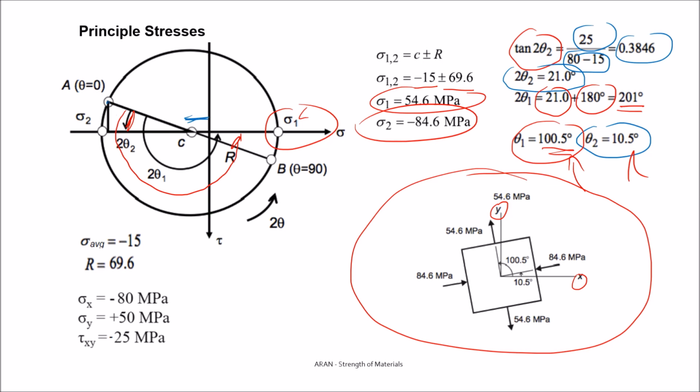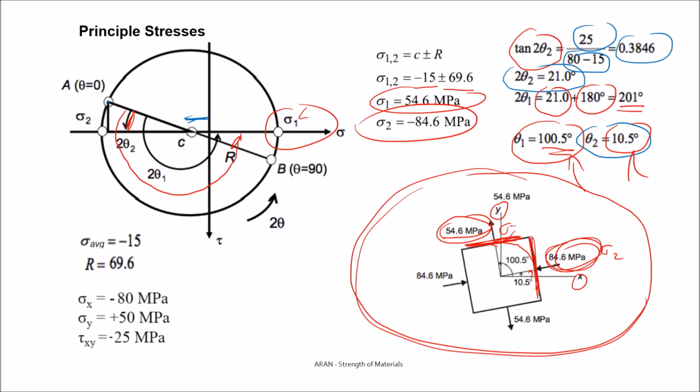When you rotate by 100.5, you find sigma 1. When you rotate by 10.5, you find sigma 2. Well, these are my new orientations, and we know that on these planes, I have the maximum and minimum stress.